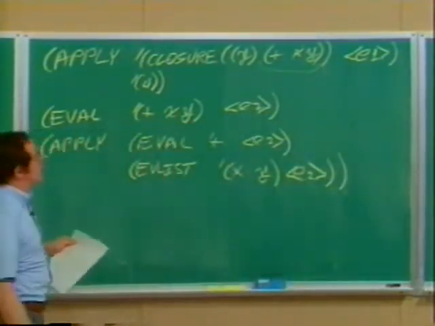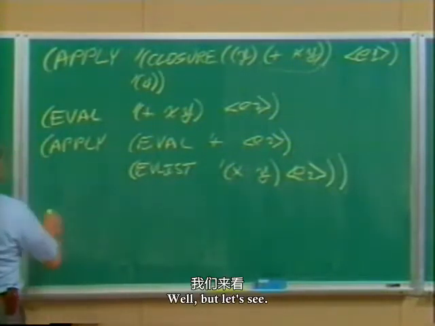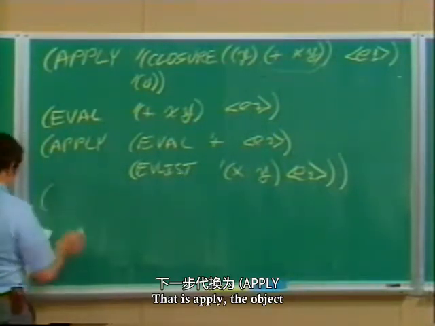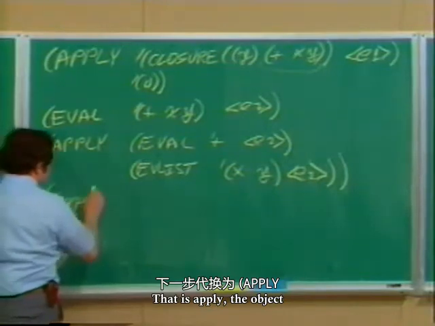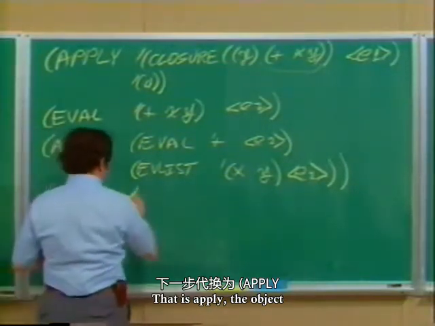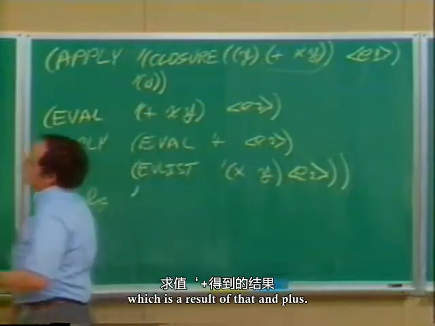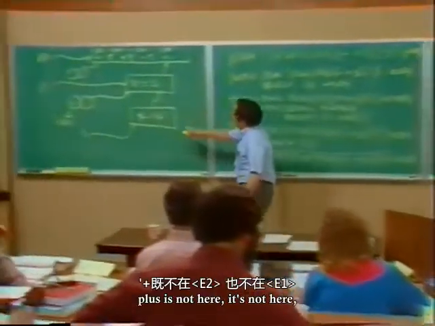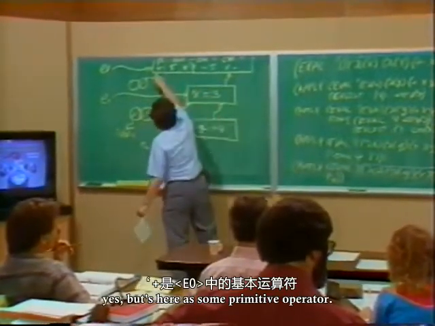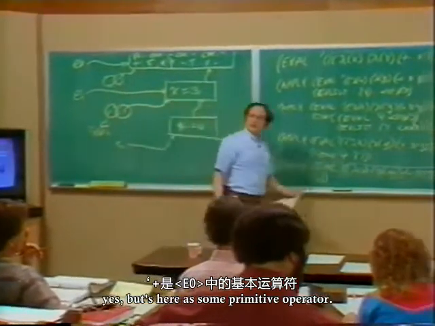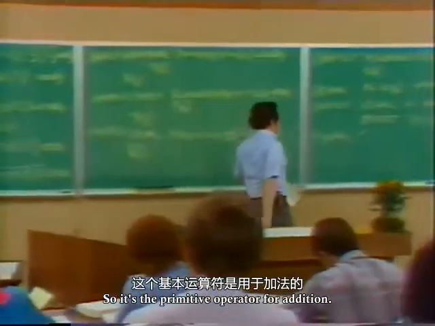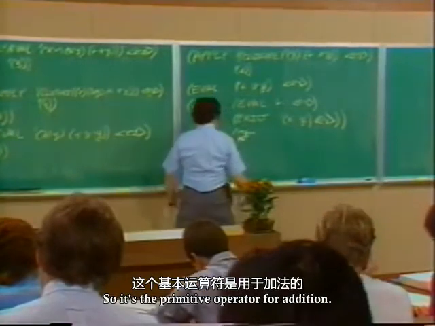Okay. Well, but let's see. That is apply the object which is the result of evaluating plus. So here we are in E2. Plus is not here. Oh, yes, but it's here as some primitive operator. So it's the primitive operator for addition.